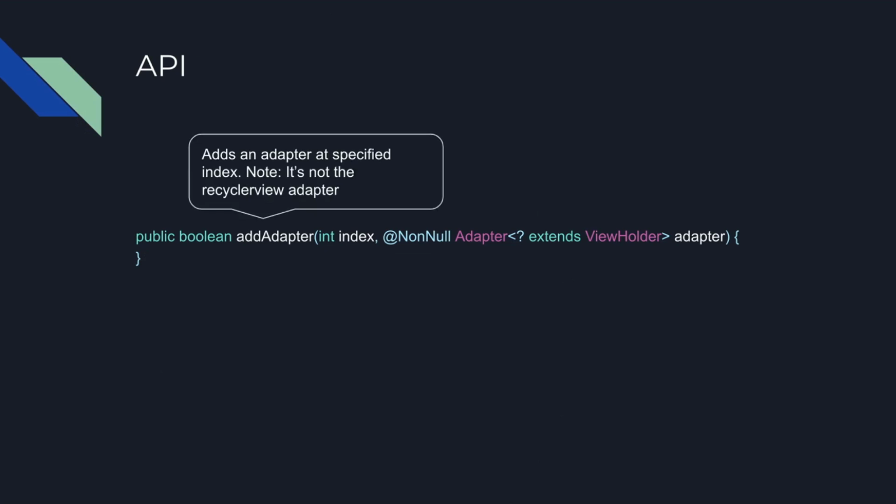One thing to note here is that the index is not the RecyclerView item index. It is the index of the adapter list, which is maintained by the ConcatAdapter. So let's say you have two lists and you want to add a third list, and you add it at the first position, then it will be inserted in the middle.